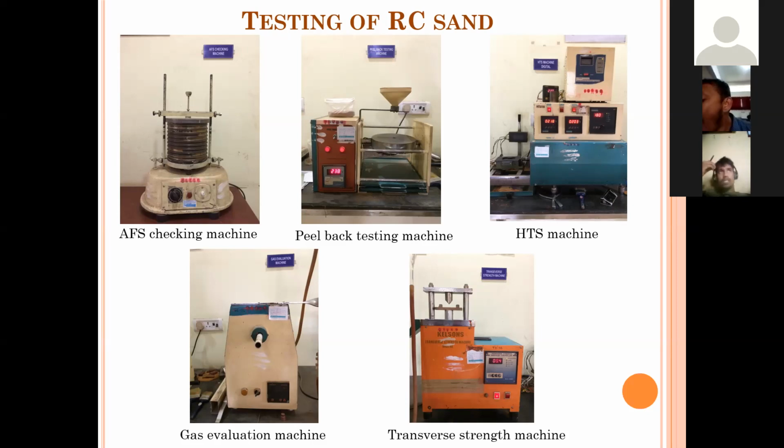We can say it acts like a UTM machine. We can apply the tensile load up to a certain limit. The sand takes the load, and when the crack appears, the load is stopped and the machine indicates the tensile load strength of the sand.